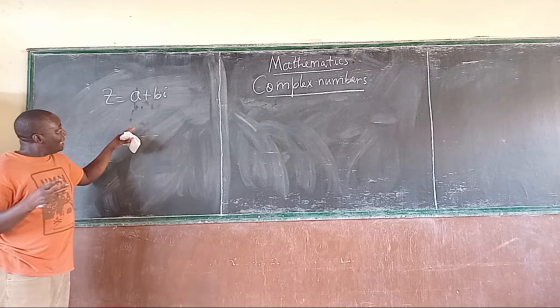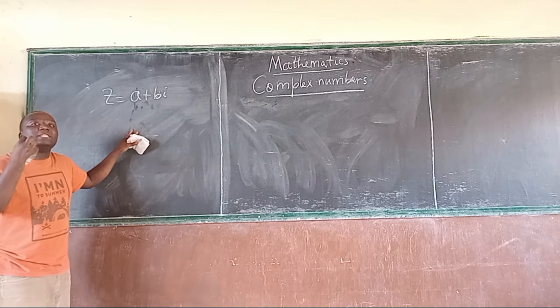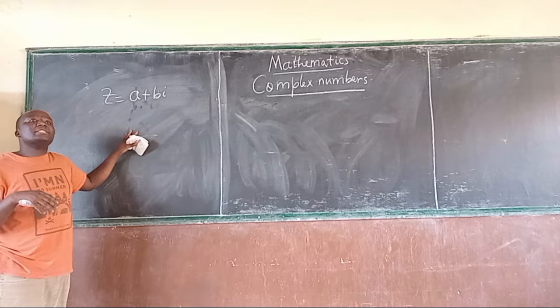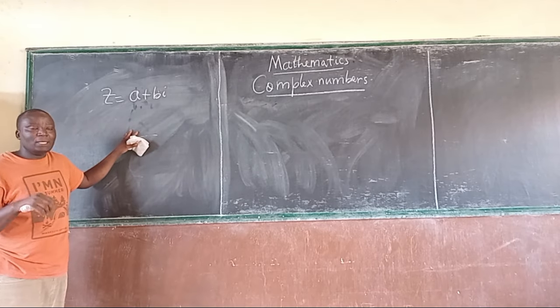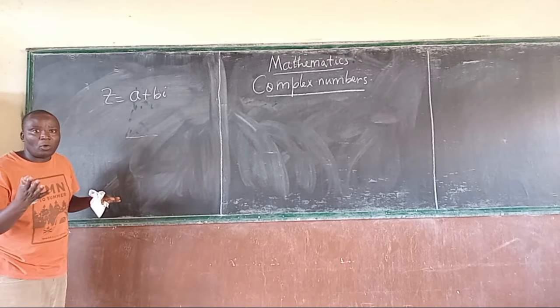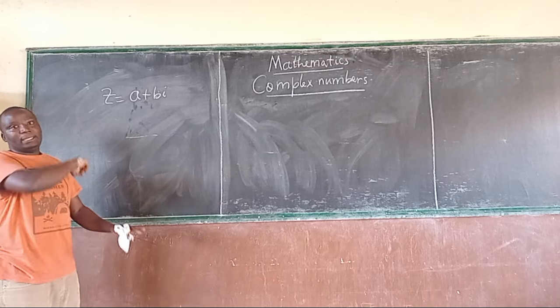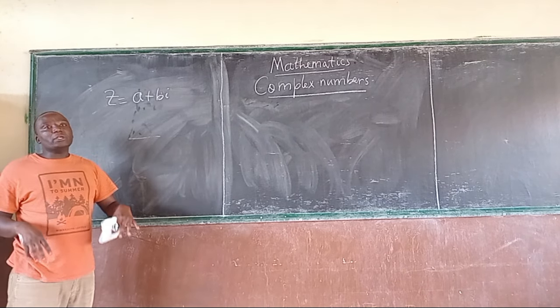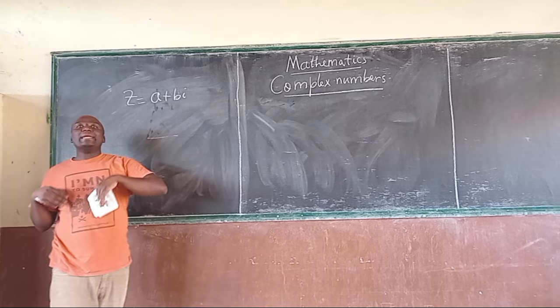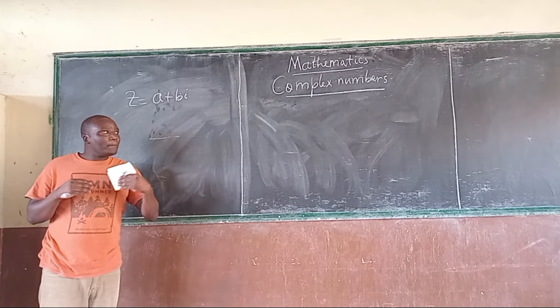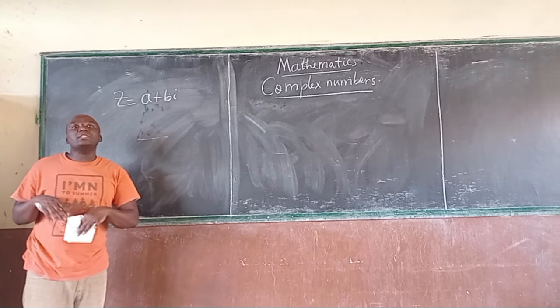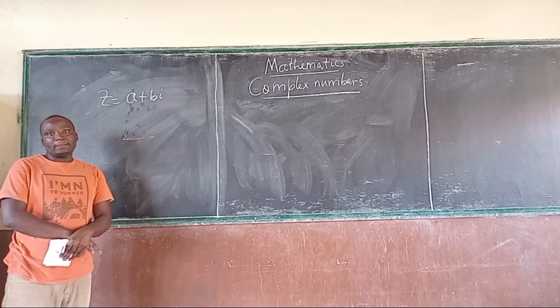Then, the second form, as the lesson of today, is concerned with the trigonometric or polar form of a complex number. Teachers, we are going to discuss how you can express your complex numbers by using trigonometry.